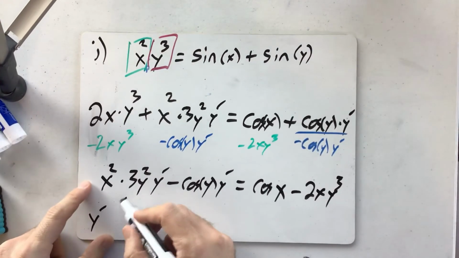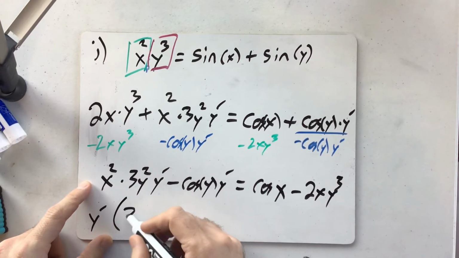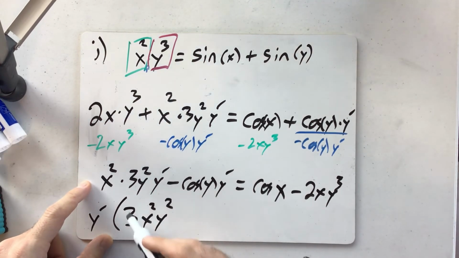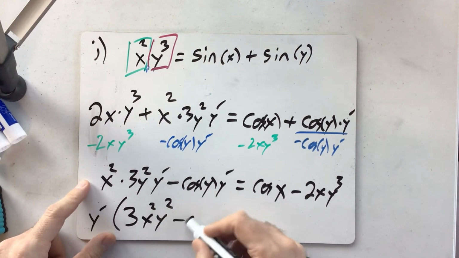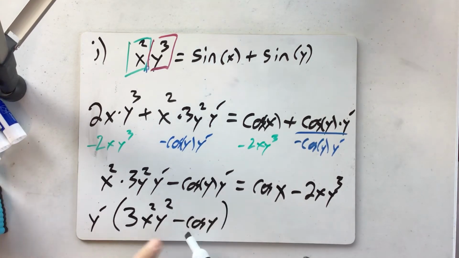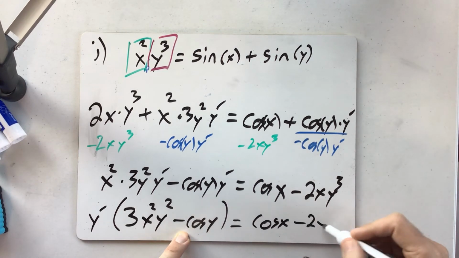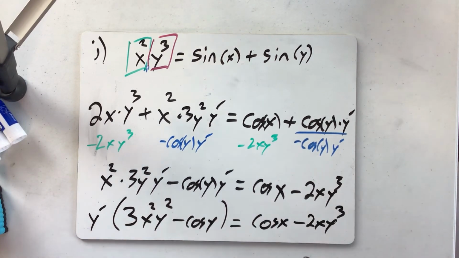So I've got y prime, and what's left? Well, how about if I switch the order here? I just like having that 3 first. 3x squared y squared minus cosine y. So that's what I got on the left when I factor my y primes out. On the right-hand side, I have cosine x minus 2x y cubed.